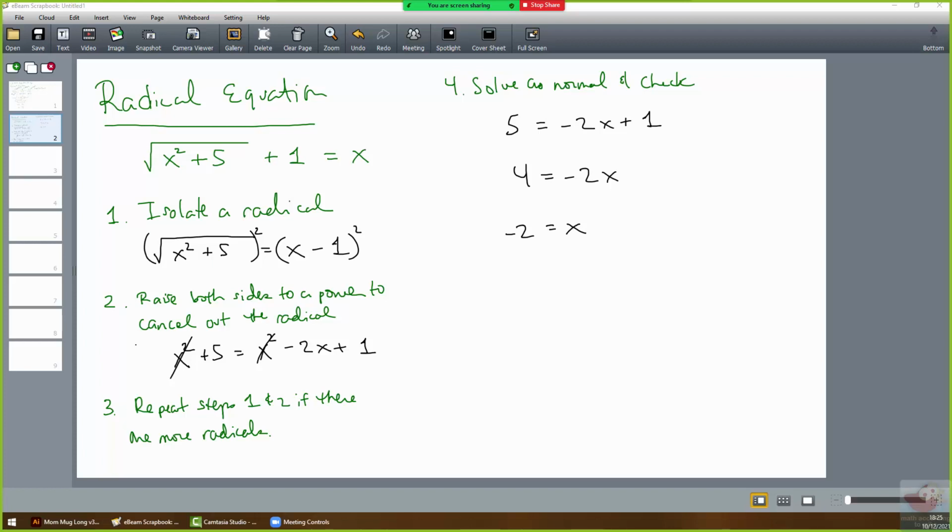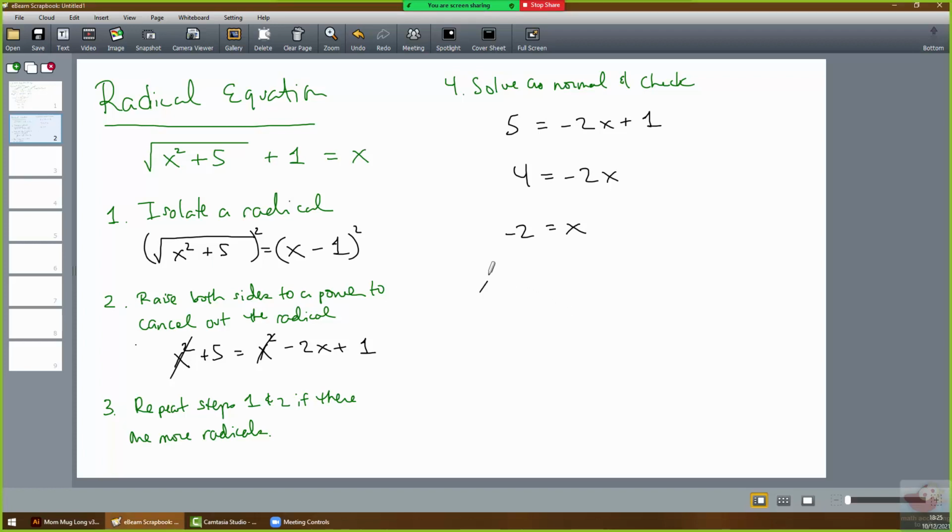So now let's check our answer. If I put negative 2 into the original equation, always go back to the original. Is this true?